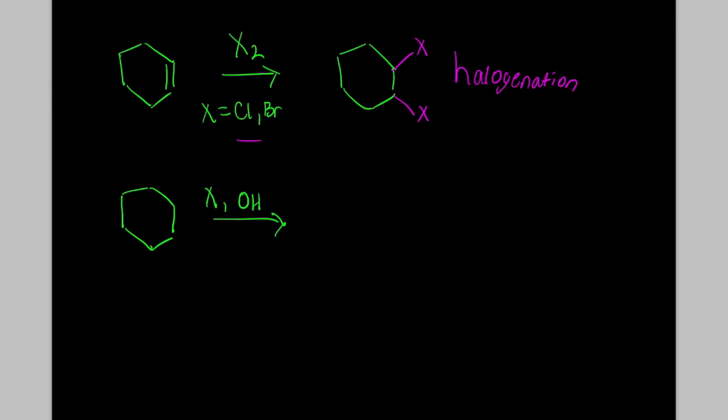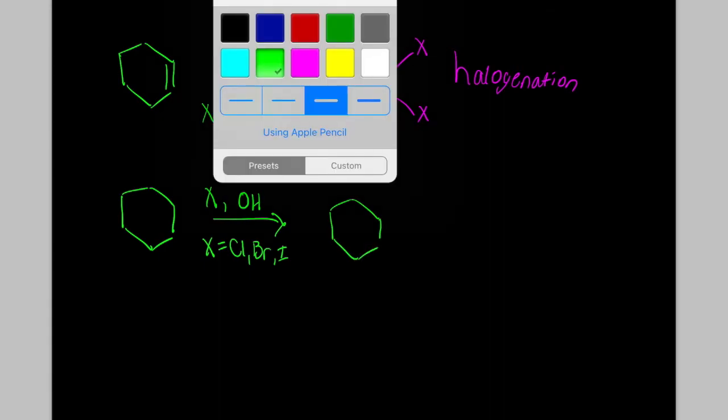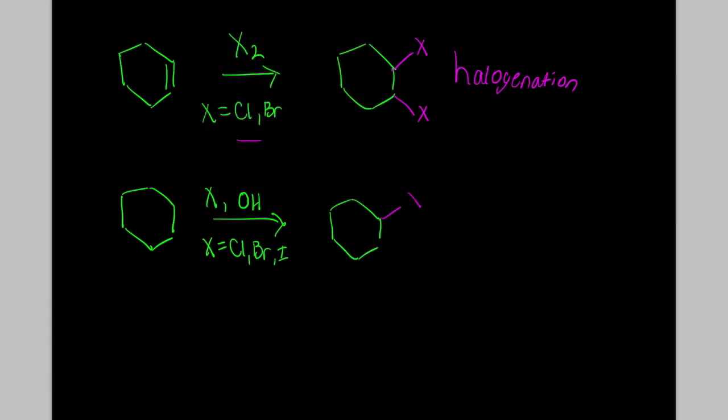Don't worry too much about this, but X can be chlorine, bromine, or iodine. And what you form from this chemical reaction is a halohydrin functional group. So this is called a halohydrin.